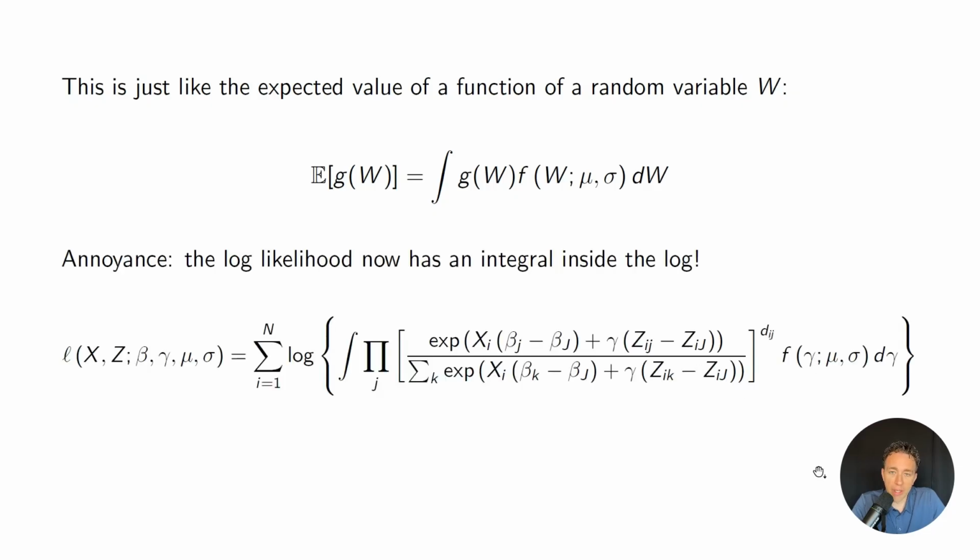So now if we think about the log likelihood for this model, this is going to be much less tractable because we can't pass the log through the integral in general. So we have our beta, mu, and sigma. There's a typo on this slide. That gamma should not be there. It should be mu and sigma. And basically, instead of being able to pass the log through the product over the j's, we have to take the product over the j's before we do the integral.